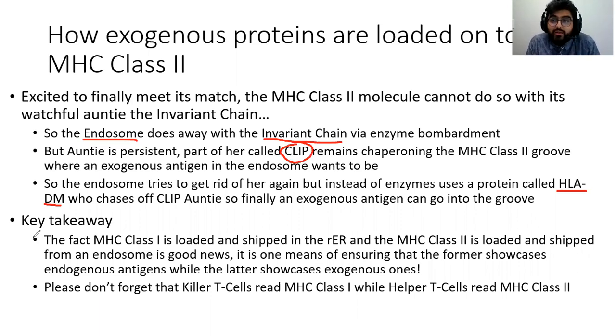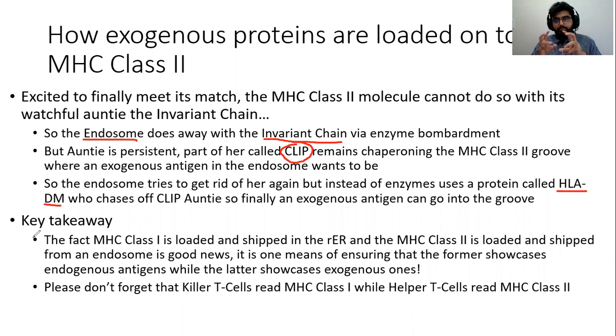But essentially, while we're in the endosome, what happens to be here? Oh, these antigens that are taken up from the outside world, right? And so that's what MHC Class II is exposed to. And that's that. From inside the endosome, MHC Class II, which has been bombarded open, can bind the antigens that are present, which are usually exogenous in nature, and then they are sent to the cell surface, right?